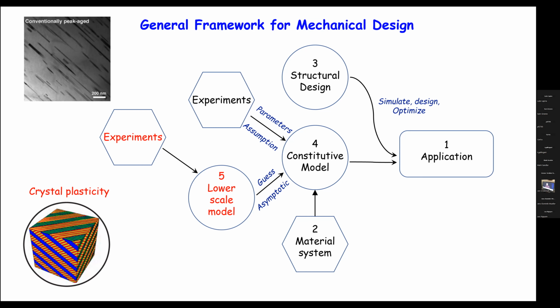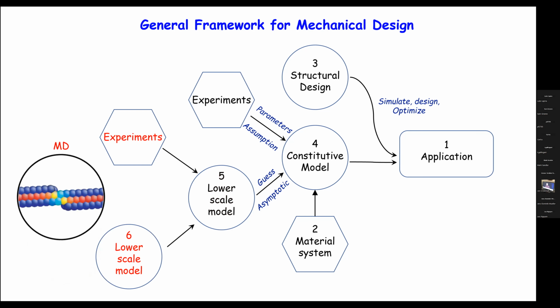Now, of course, if you again don't want to do experiments, then you can go another scale down. You can look at the molecular scales. You can, for example, do molecular dynamics, and then you can repeat this procedure again and again until you end up with first principles, and that would be quantum mechanics, right?